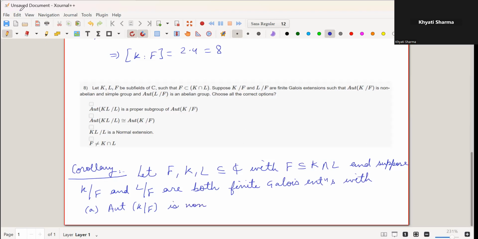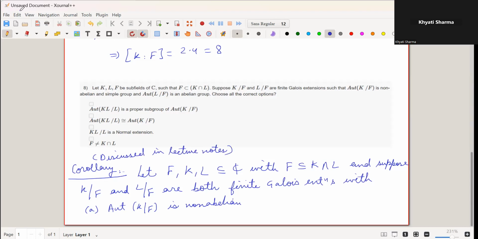This is the corollary discussed in the lecture notes, so you can refer to the notes.